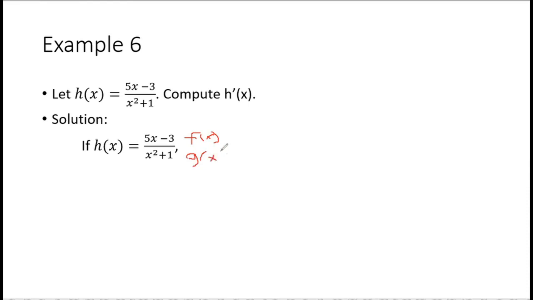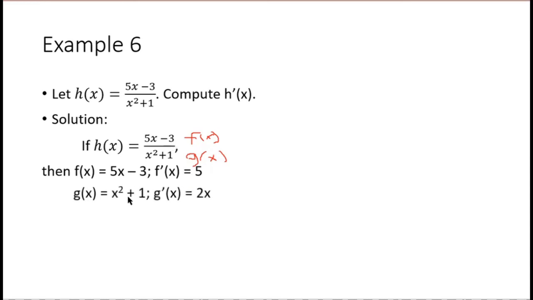So, kuha na natin siya ng derivative per numerator and denominator. So, yung f of x, 5x minus 3, ang derivative nun ay 5. At yung denominator naman natin x squared plus 1, ang derivative naman nun ay 2x.